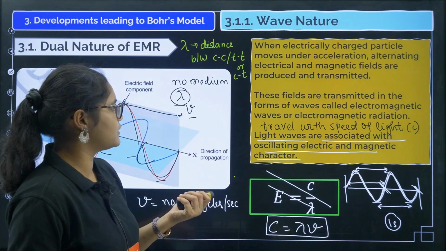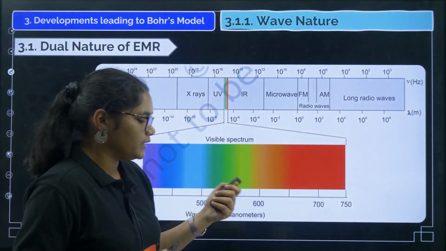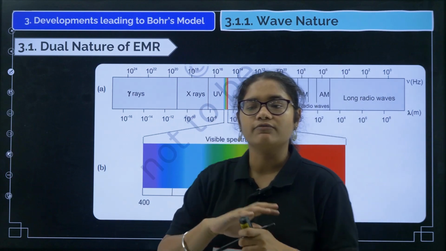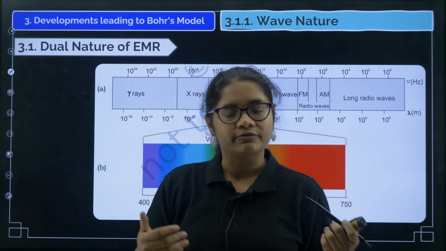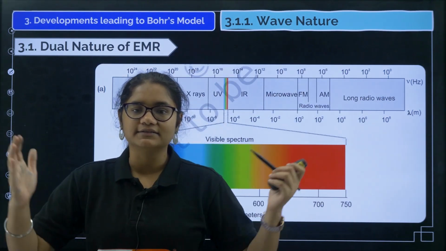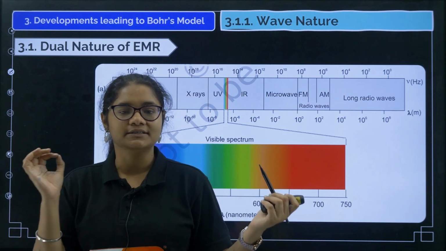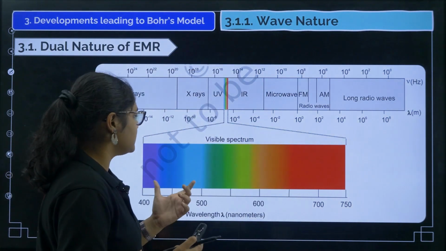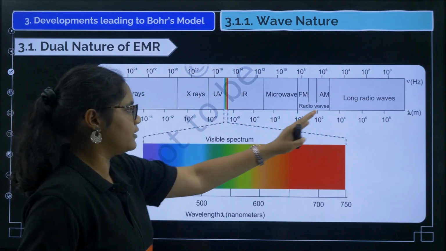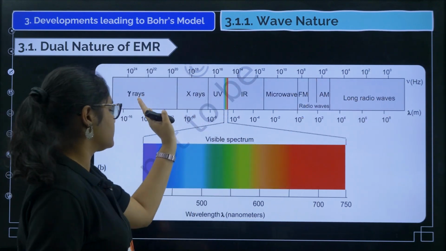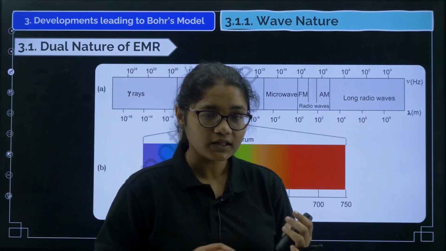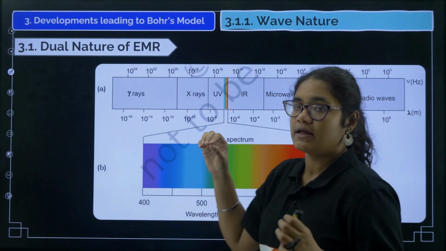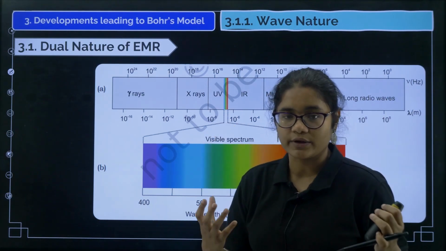So we'll go to the first now. One more thing here about electromagnetic radiation. These radiations are of different wavelengths and different energies, and this series of electromagnetic radiations is called the electromagnetic spectrum. You can see here the spectrum, from radio waves to gamma rays. Radio waves have very little energy.